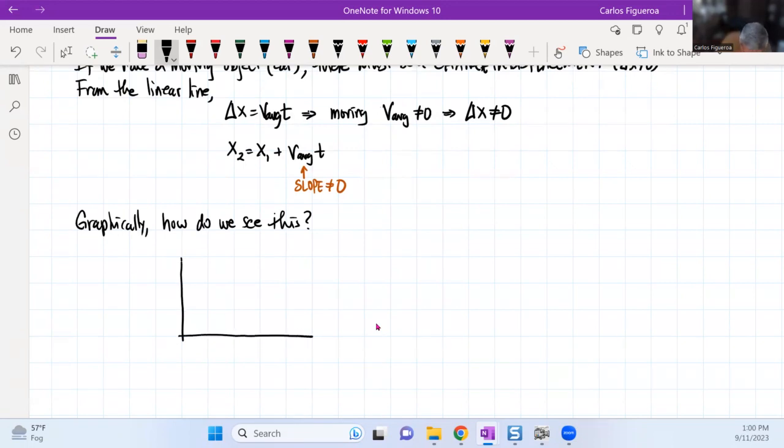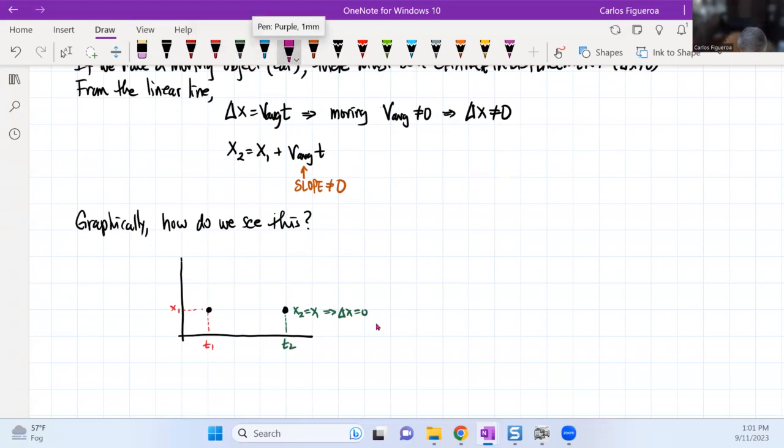The first thing that I'm going to do is go back to my original picture where I said this is x1 and this is t1. And this time I should have drawn a black dot. And then the other dot that I had here, we said that this was x2 equal to x1, and that implies that delta x was equal to 0. So in this case, we said that this was t2.